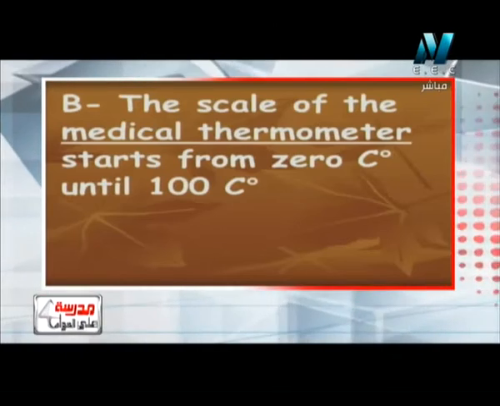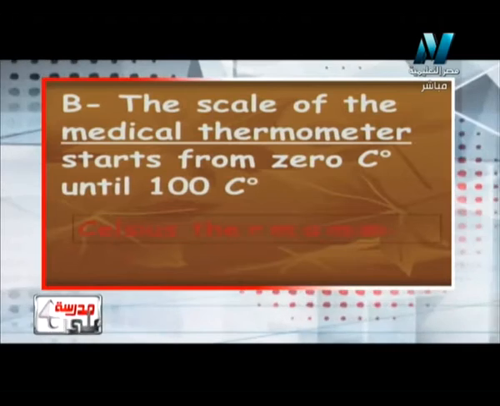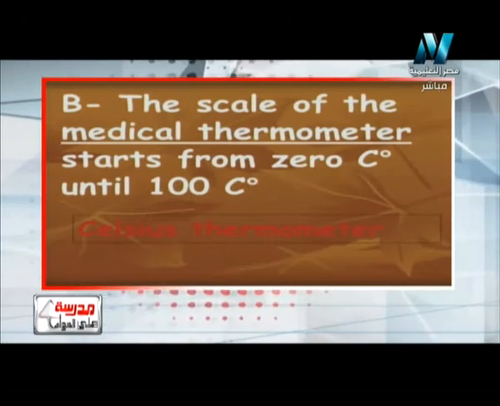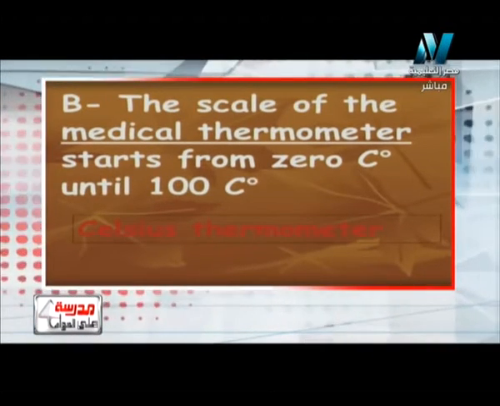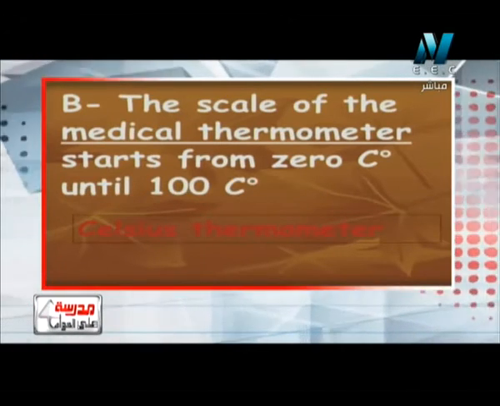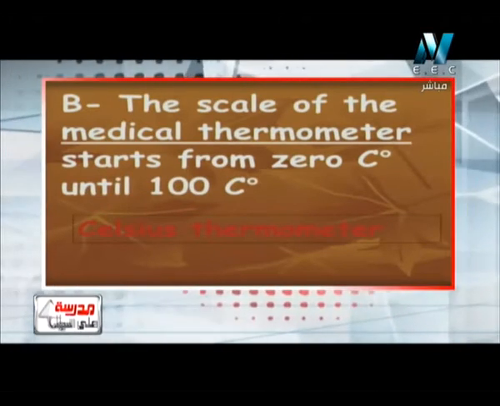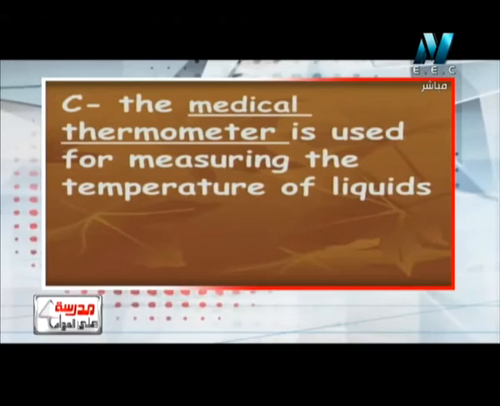I think it will be a wrong sentence. So, which thermometer starts from 0 to 100 Celsius? I think it will be the Celsius thermometer. The Celsius thermometer has a scale that starts from 0 to 100 Celsius.